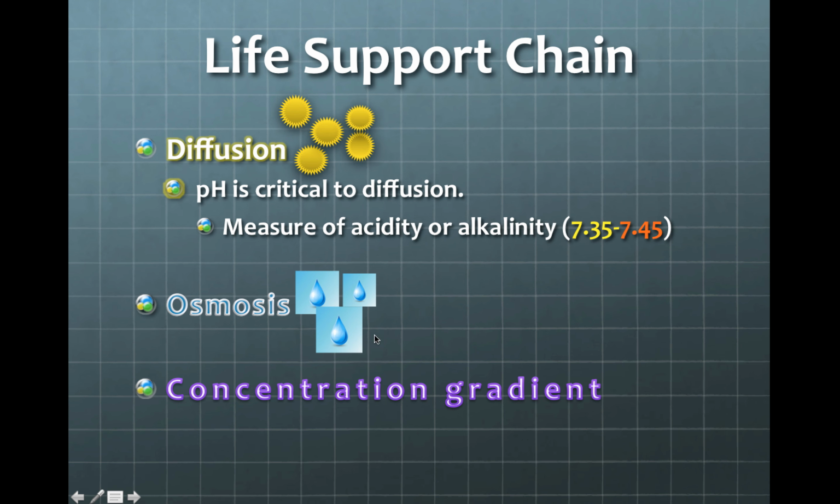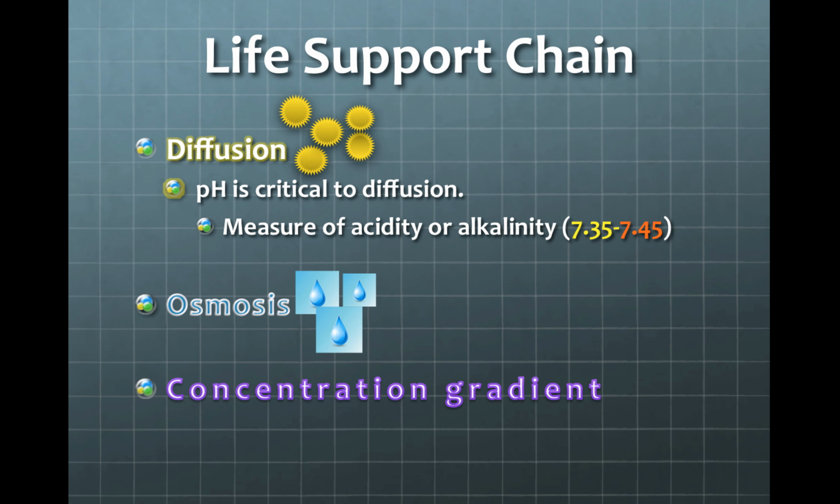Now, similar to that is osmosis, which is the movement of water droplets. Both of these processes will rely on the concentration gradient, meaning they'll travel from areas where they're highly concentrated to areas where there is a lower concentration. And they do that passively. It's kind of like when you drip some food coloring into a bowl of water.